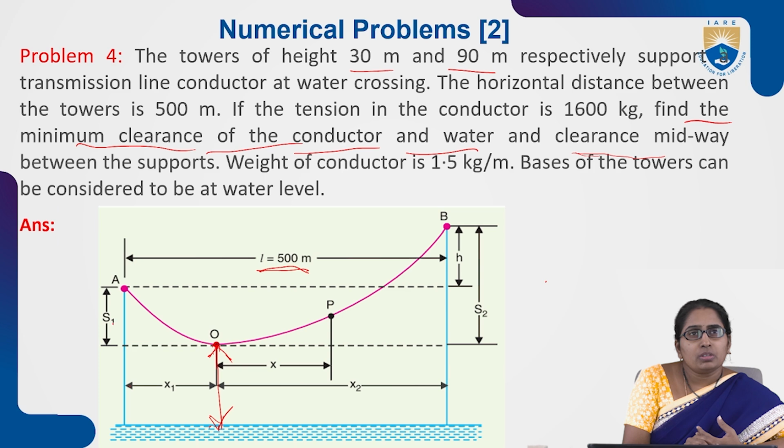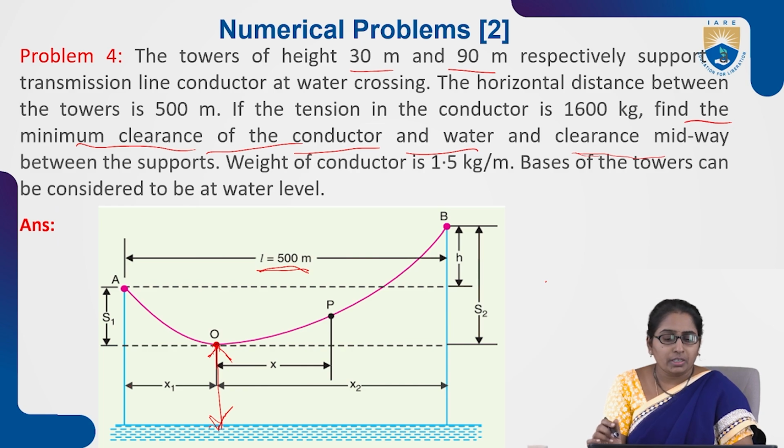After that, we know the height of the tower A, lower level support A, 30 meters. So the total height of the tower A minus this sag S1 will give the minimum clearance of the conductor and water. That is the first part.